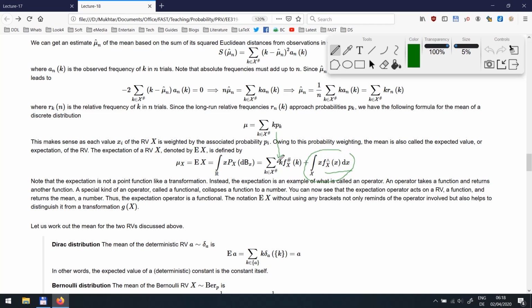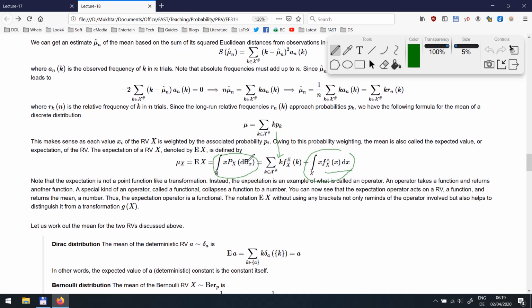And both this sum and this integral can be written in a single integral, the modern integral, in which you integrate x with respect to a measure. Remember, we have seen counting measure, we have seen Lebesgue measure, the length and area thing. Here, this is the probability measure. So we are integrating possible values, or the function x representing the possible values, with respect to the probability measure.